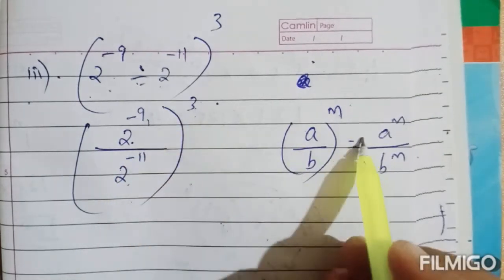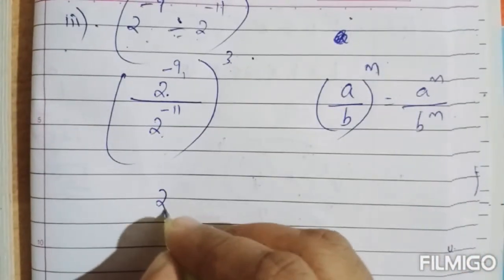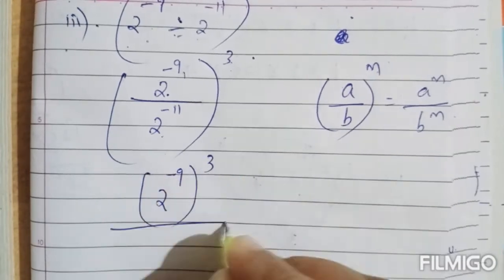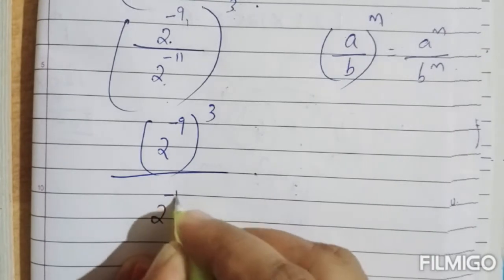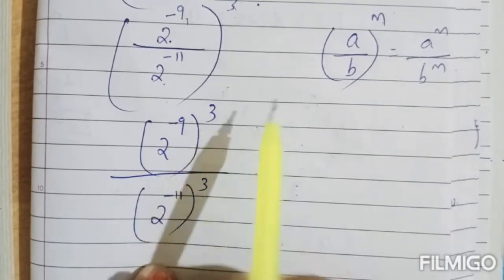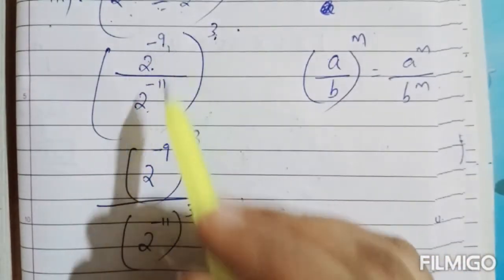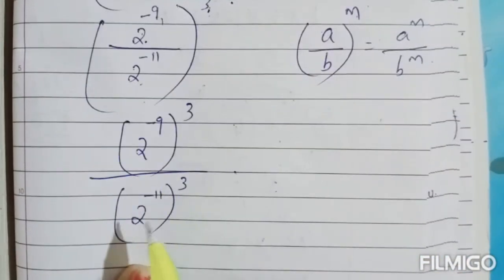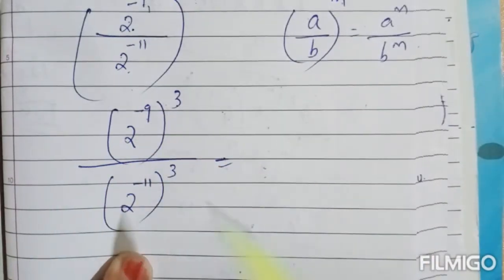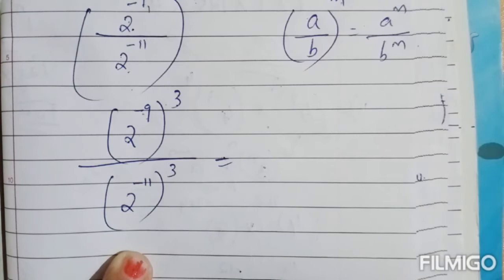So applying this, how you can write 2 raised to minus 9 whole raised to 3 divided by 2 raised to minus 11 whole raised to 3. This 3 you can give to both numerator and denominator. You will get like this. Now here you can apply power law, a raised to m whole raised to n form.